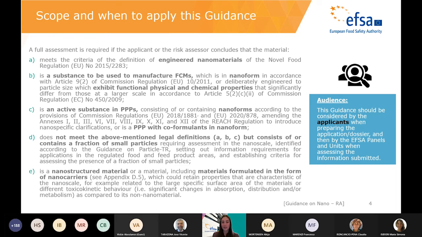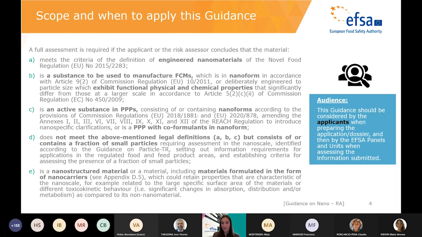For example, related to the large specific surface area of the materials or different toxicokinetic behavior, such as significant changes in absorption, distribution, and/or metabolism as compared to the non-nanomaterial form.